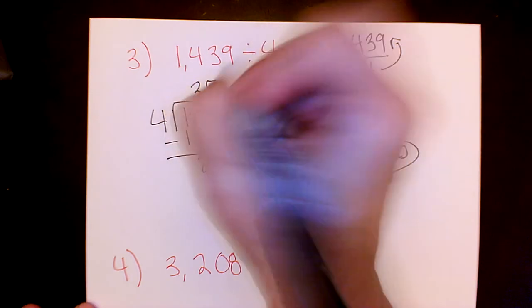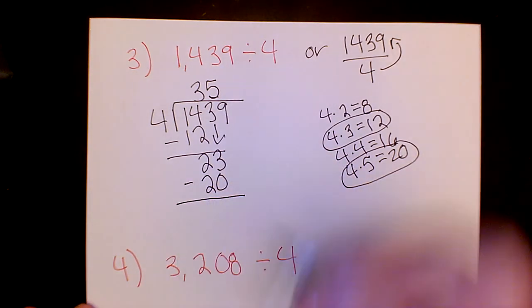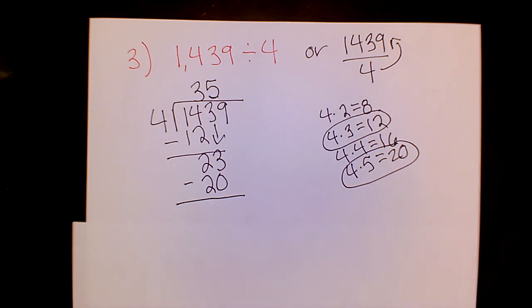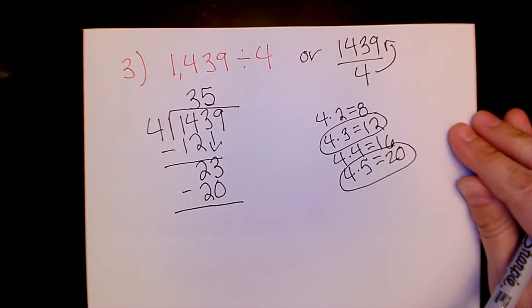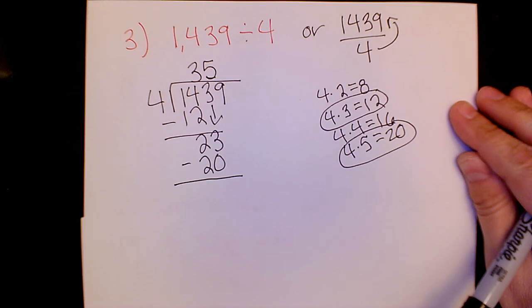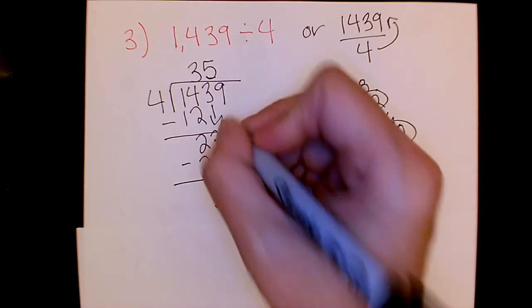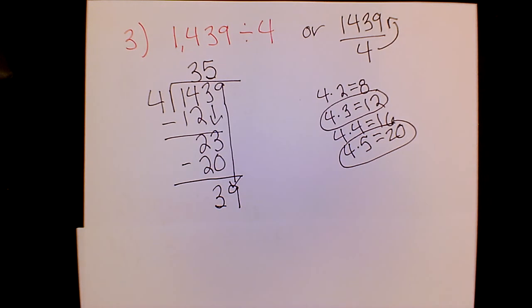So 4 times 5 is 20. We want to subtract that down. So 23 minus 20 is 3. And then we want to bring the last number down, which is 39.